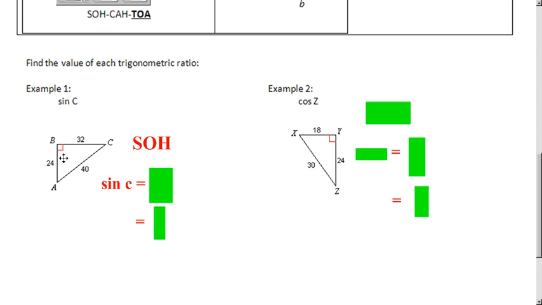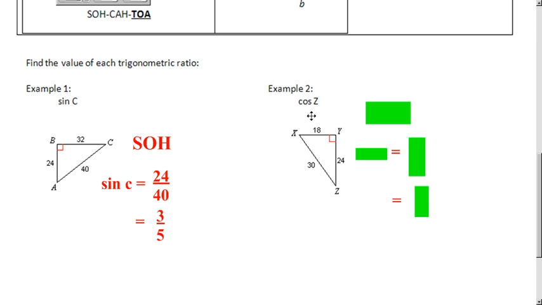Opposite of angle C is 24. Your hypotenuse, well, that is opposite of the right angle, which is 40. So you'd have sine C, opposite is 24, hypotenuse is 40, and that would be your trigonometric ratio for the sine of C. The only thing you would need to do there is reduce that ratio to 3/5.